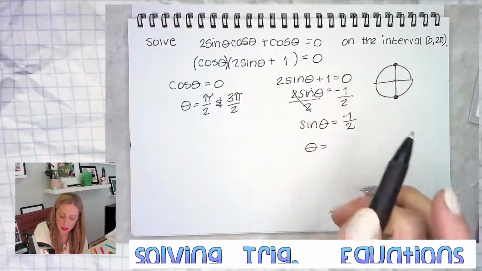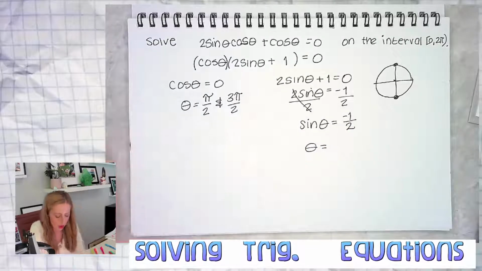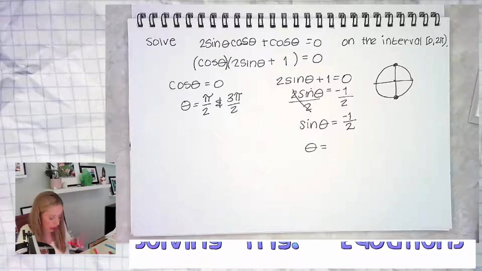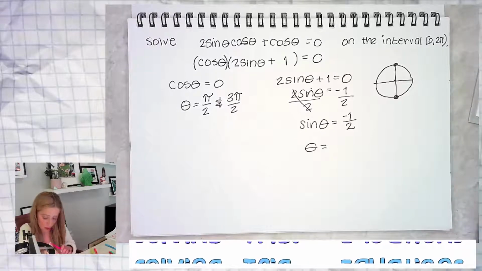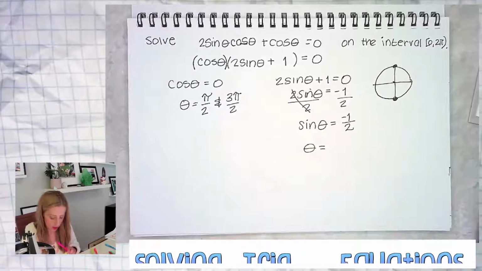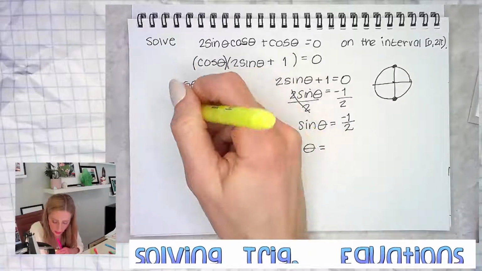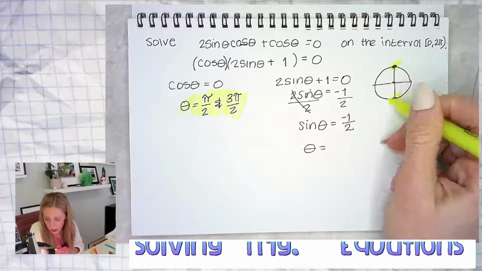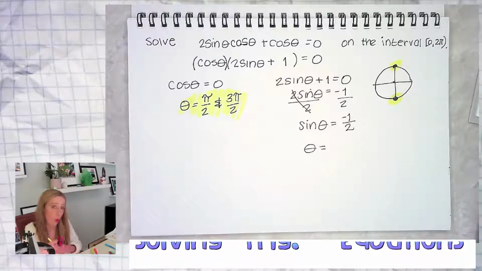Those are these two. I'll color coordinate them in a second. Sine θ = -1/2. So where on the circle, what angles between 0 and 2π, is the y value -1/2?